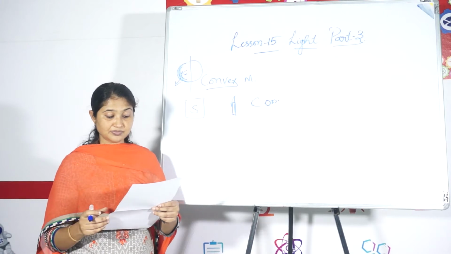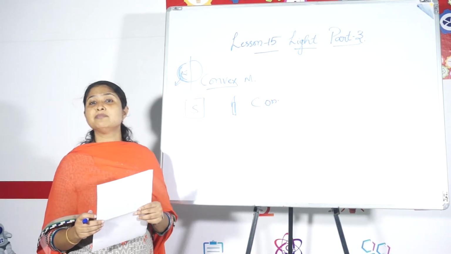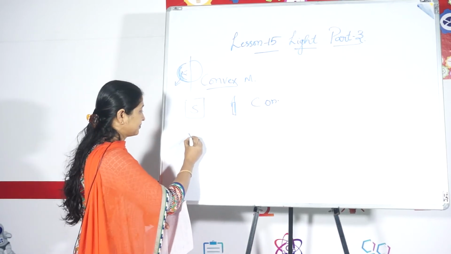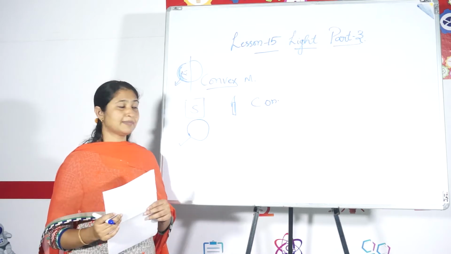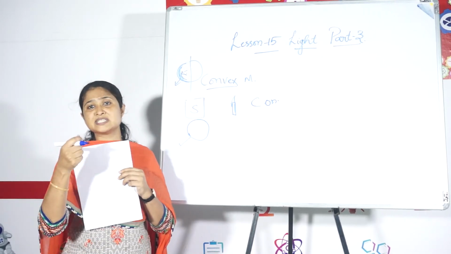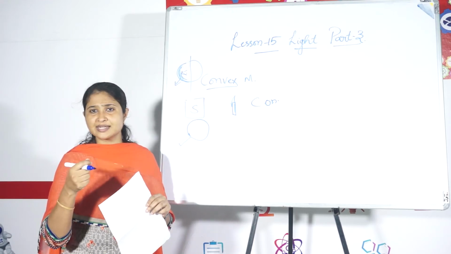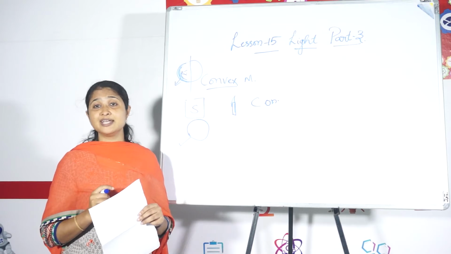Now next we will see about the lens. You know the magnifying glass. Have you seen something like this in the hands of a person who is repairing a watch, and few scientists? To see things bigger we use the magnifying glass.